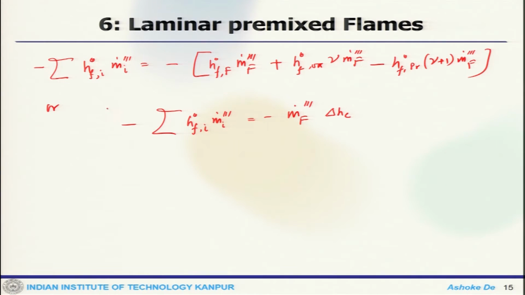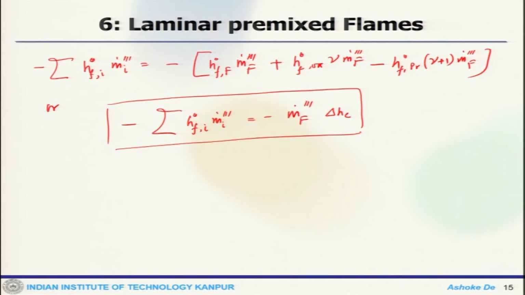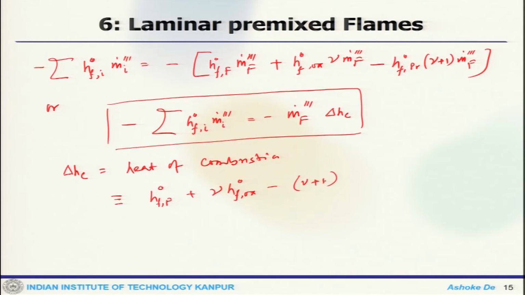So, that is a simplified way one can represent that right hand side, where delta Hc is nothing but your heat of combustion, which one can write as Hf fuel plus nu Hf oxidizer minus nu plus 1 Hf product. So, this is how one can represent that.